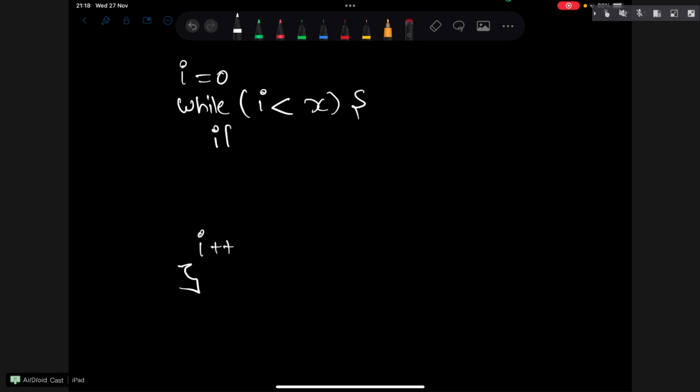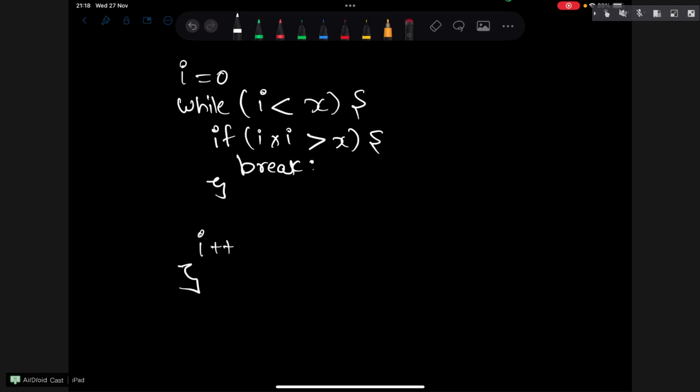Let's say I'm going to set i equal to 0, and I'm going to do a while loop till i is less than x. While i is less than x, I'm going to do some action and increment i every time. I'll do a simple check: if i times i is greater than x, I'm going to break out of this loop.